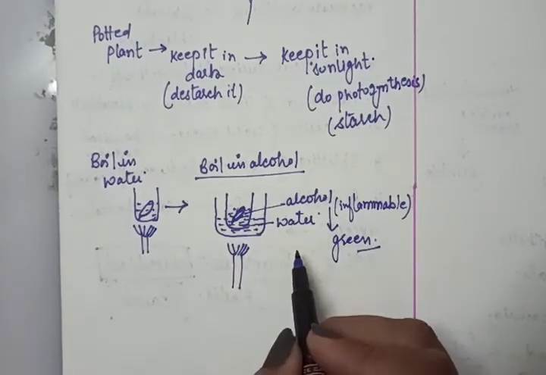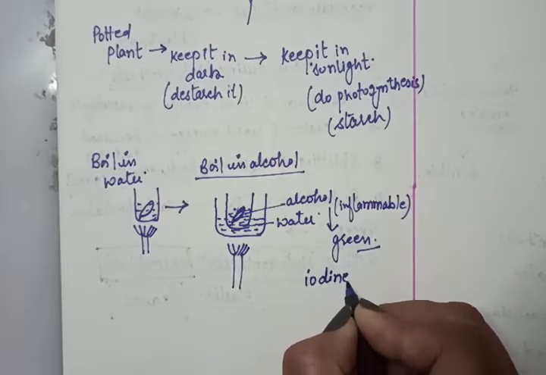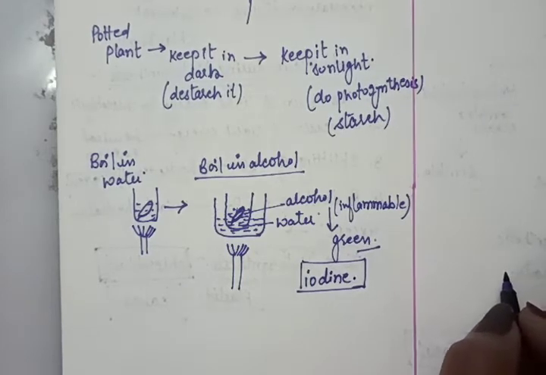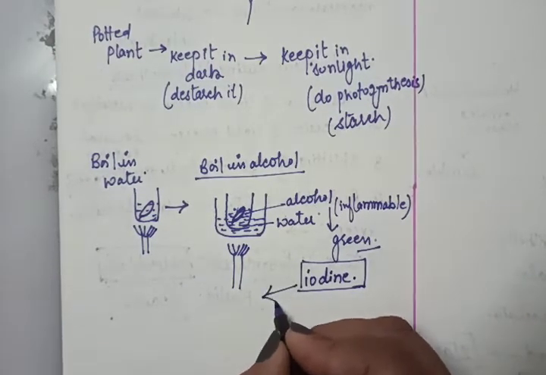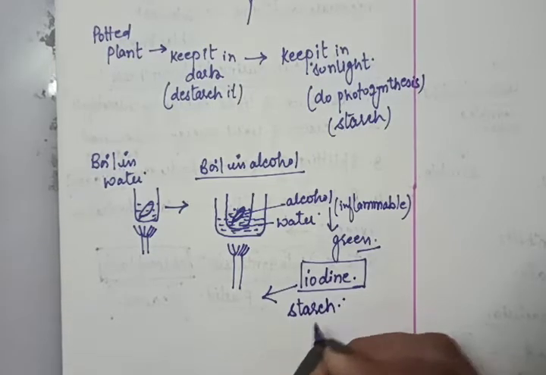Now take out the leaf and dip it in iodine, or add a few drops of iodine on it. We use iodine to test for the presence of starch.